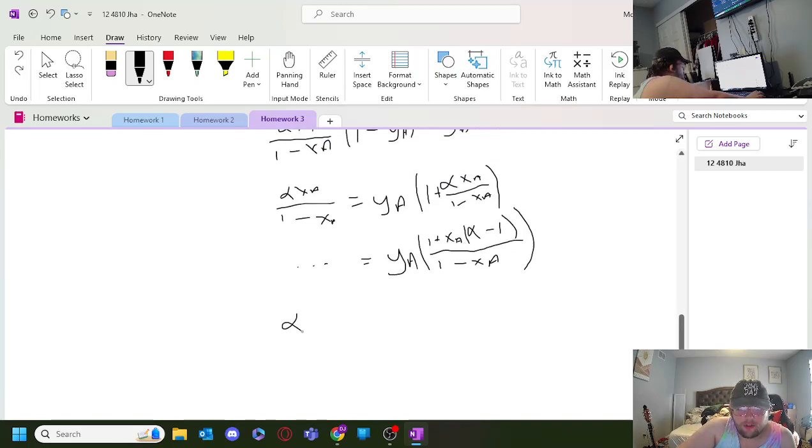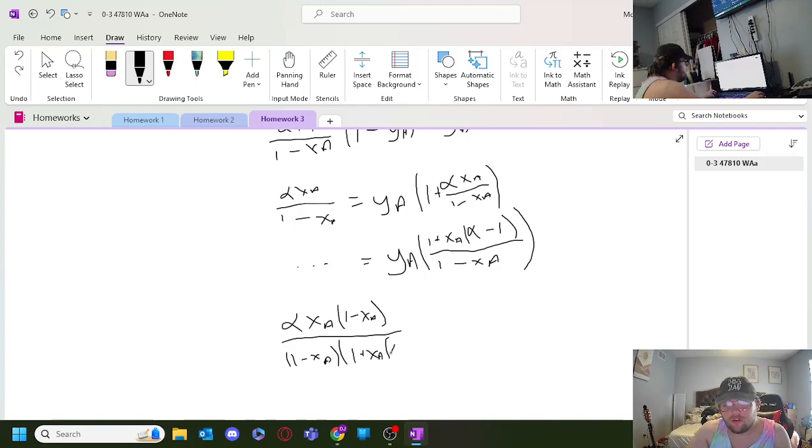So on this side now, we got alpha XA multiplied by 1 minus XA, all of that over 1 minus XA times 1 plus XA times alpha minus 1. Strange looking alpha right there.